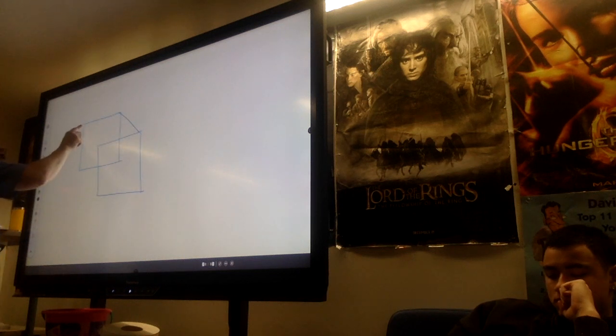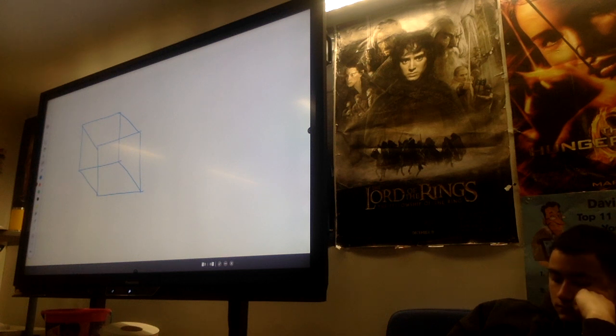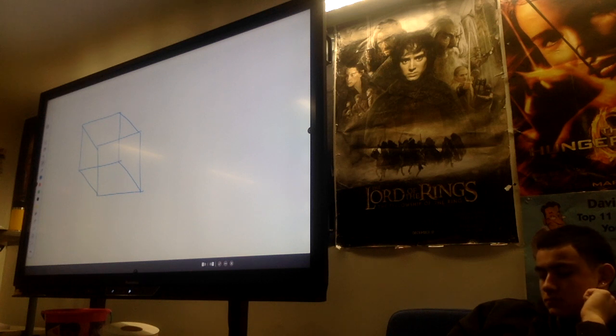I bet you a nickel at some point in some class, whether it was math, or English, or social studies, you got bored and you drew yourself a 3D looking cube. Agree? So let's talk about the theory of this 3D cube. That looks like a 3D cube, but we're representing it in 2 space. So it's easy to represent what a 3D cube could look like.